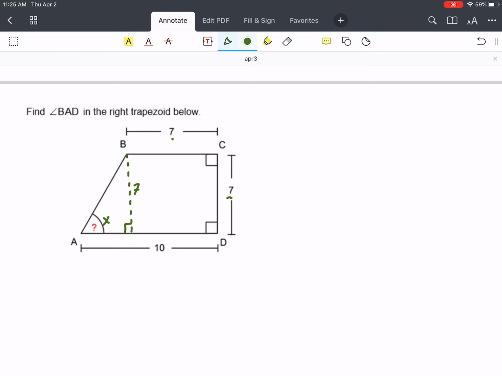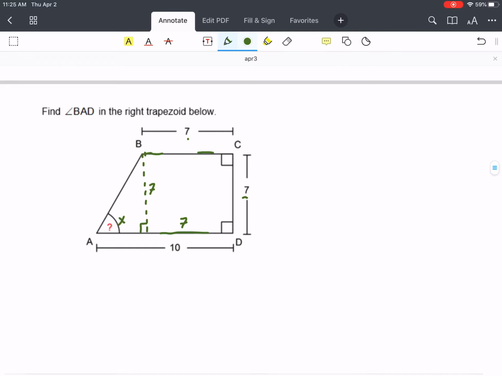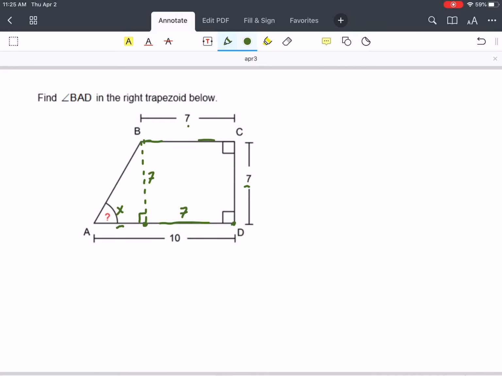It's going to be 7. This side here up top is 7, so this side down here is also going to be 7. If from here to here is 7, and this whole length from D to A is 10, I know that this side here has to be 10 minus 7, or 3.